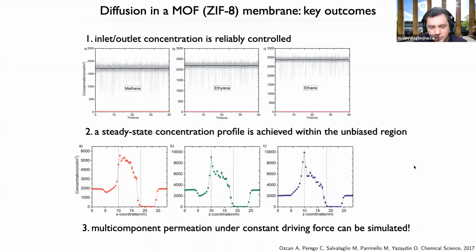And finally, the fact that this algorithm can be applied in order to maintain not just the concentration, but also the composition of the phases that are on the two sides of the membrane. So in a system in which one wants to model explicitly the competition between different molecules permeating through the same membrane, that's possible.